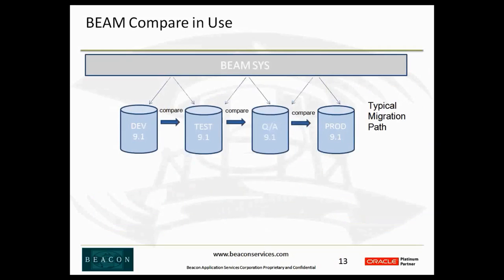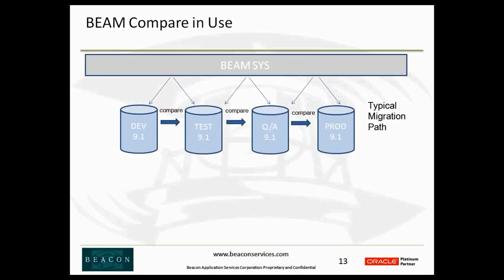So Beam is a PeopleSoft environment, Beam Sys, and one way to explain it is to just look at your standard, typical migration path. Now you have a tool that, when you're migrating things through your paths, you can use to compare these different environments and see if there are any differences.